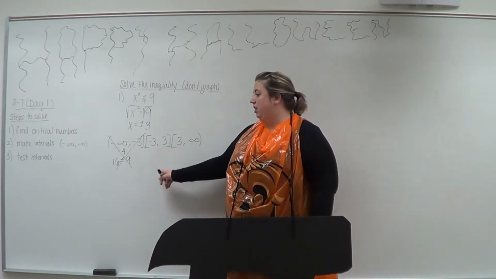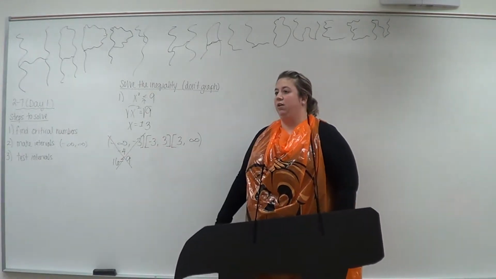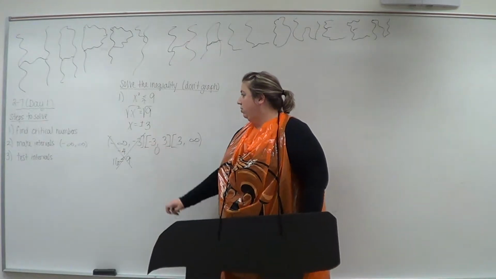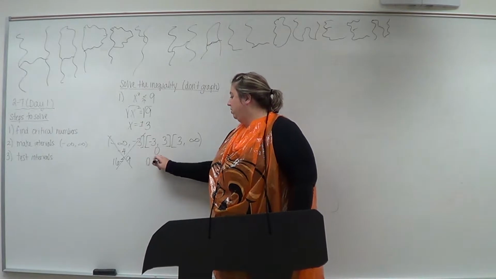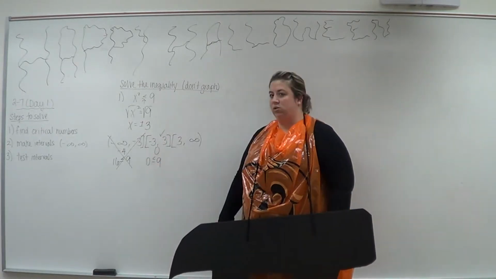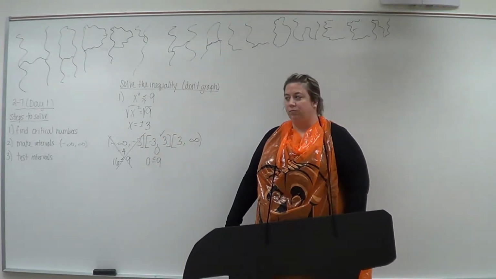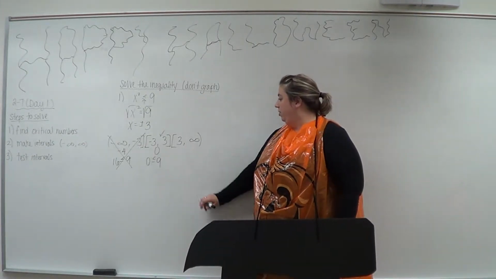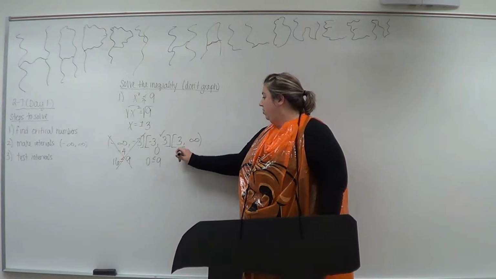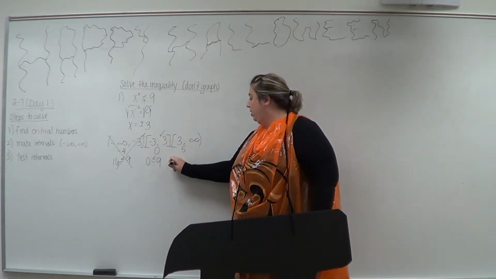Now I need to check the next one. I need a number between negative 3 and 3. I'll take 0. 0 squared is 0, so is 0 less than or equal to 9? Yes. So this one works. I need a number between 3 and infinity, so a number bigger than 3. 5 squared is 25.